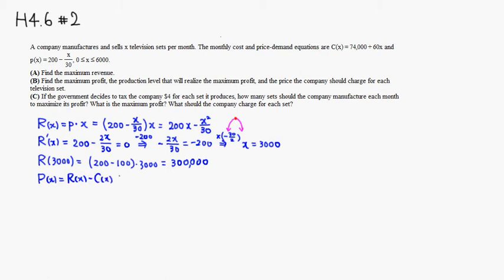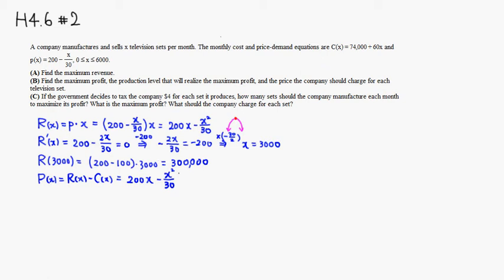We already have the revenue function, 200x minus x squared over 30, so that was the revenue function minus the cost function.